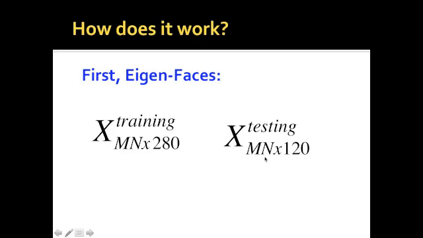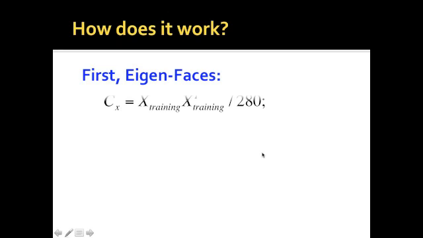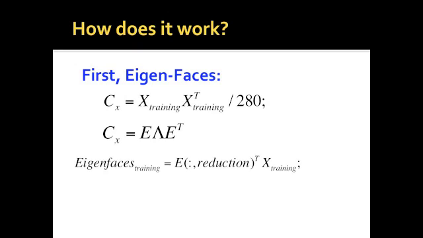However, this m times n is a huge number, so we did some dimension reduction as in the whitening part. We calculated the training covariance matrix and found the eigendecomposition of it, and used the most important eigenvectors and projected the training matrix on the space.